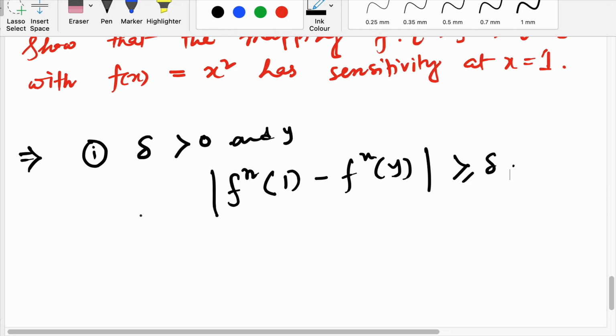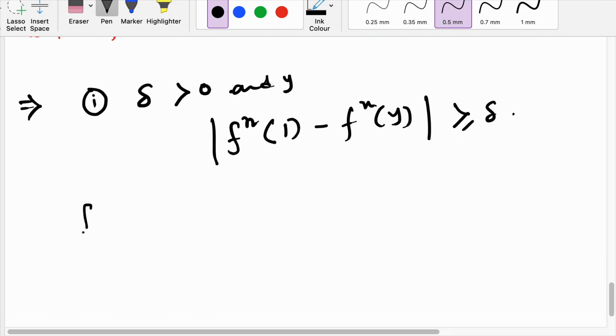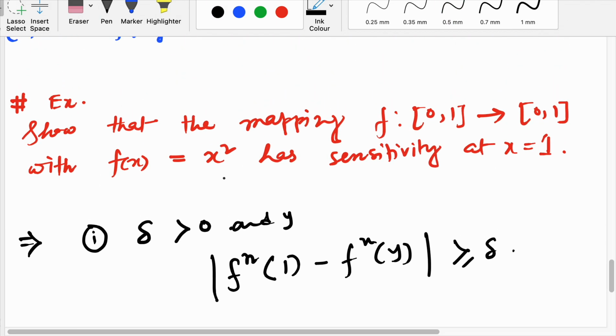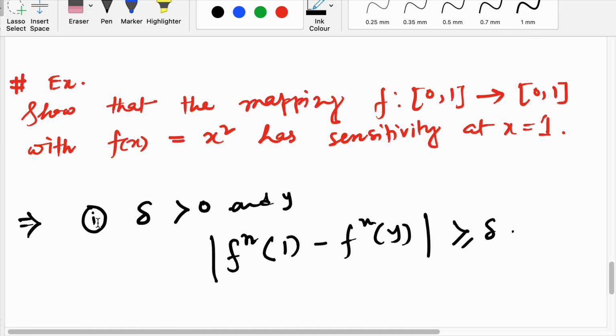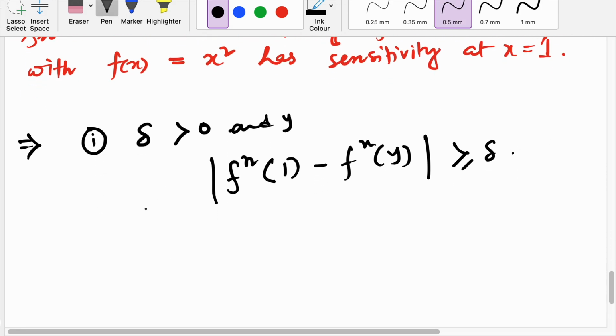So let me first show two things. First, what does f^n(1) mean? If I start from x equal to 1, it remains 1, f squared also remains 1, f cubed also remains 1, and it remains 1 only.